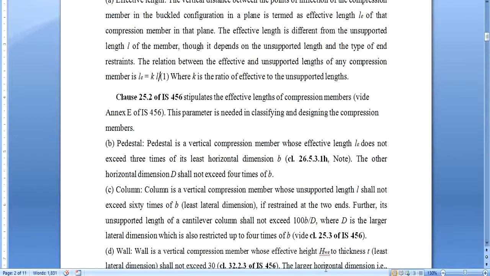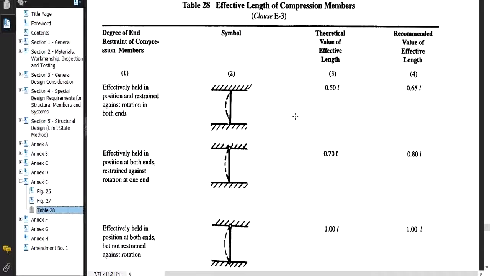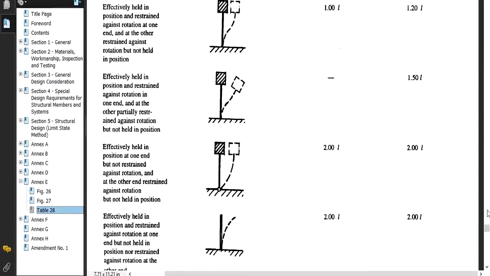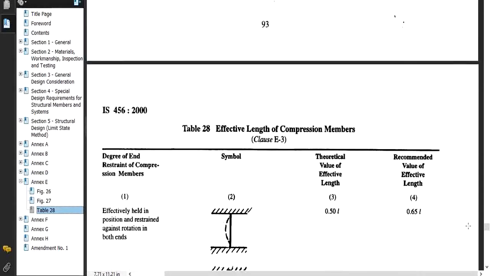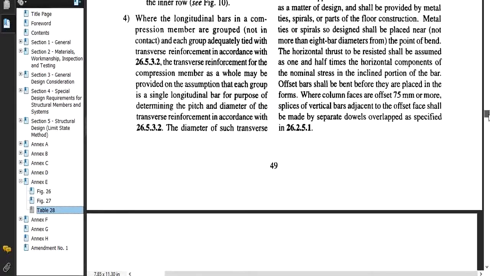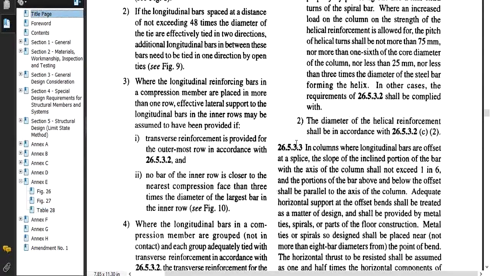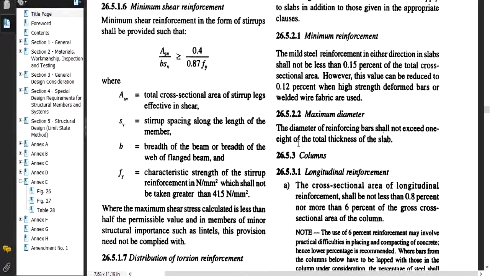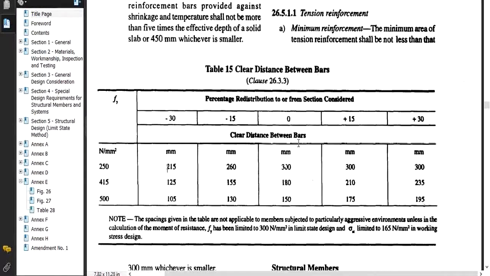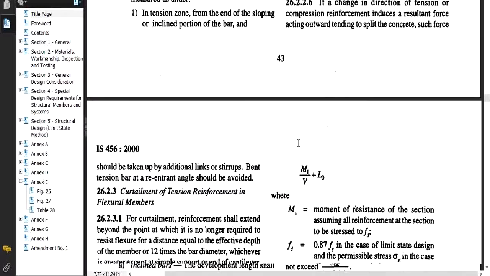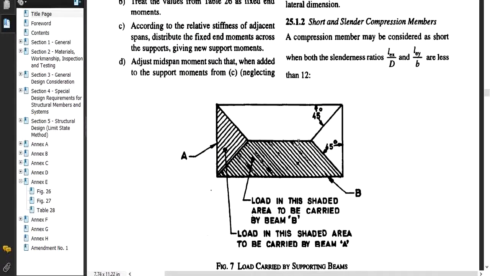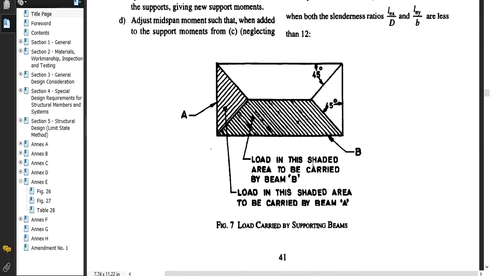About this effective length, if you want to study, it is given in IS 456 clause 25. You can see over here. I will open that clause so that you will be able to understand it very easily. Page number 41.